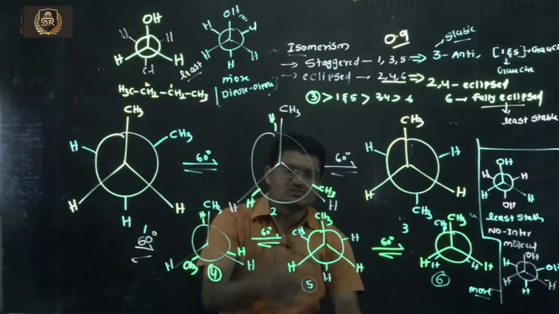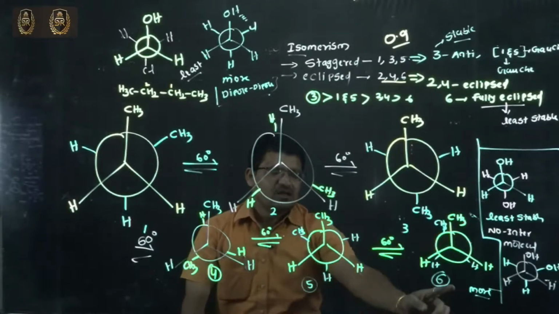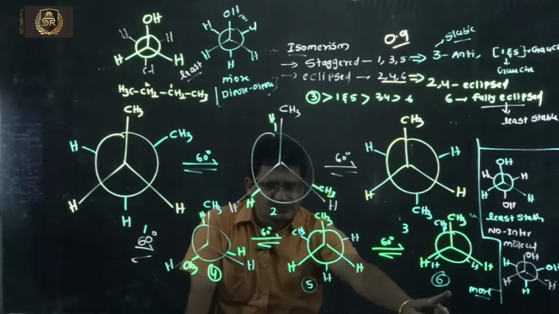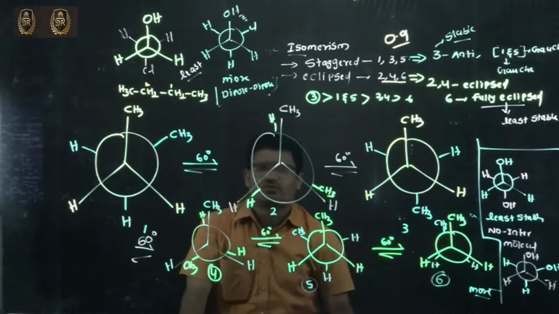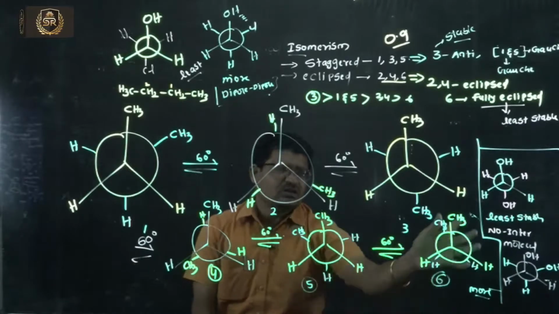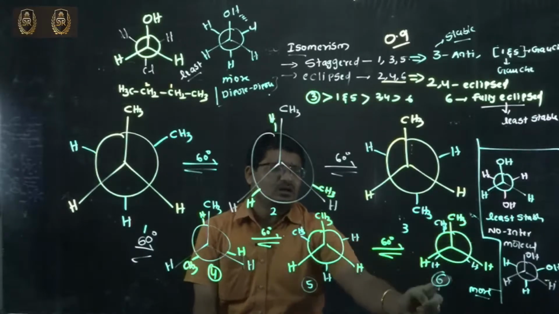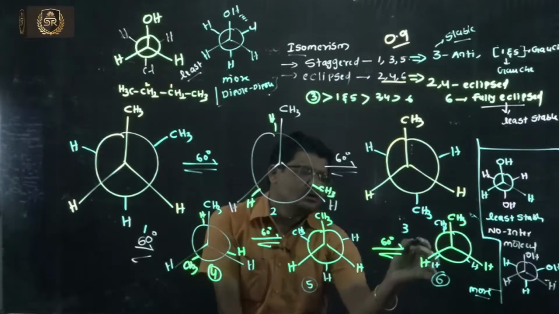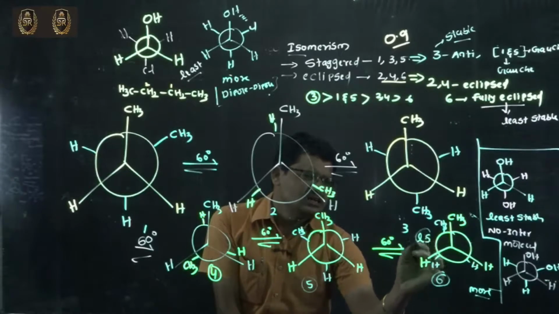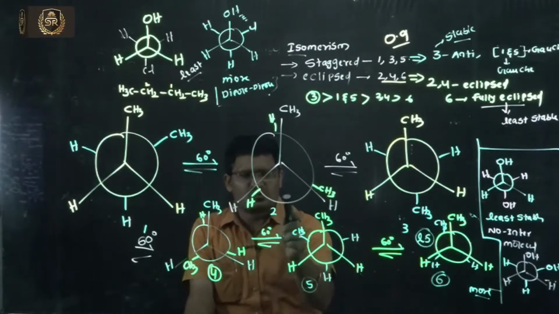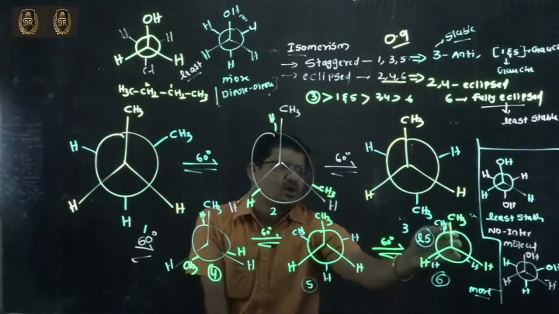The others, 2, 4, 6, are called eclipsed conformation. Among these, the sixth structure is called fully eclipsed. It is least stable, LS, least stable, because its bond angle is 0 degrees.